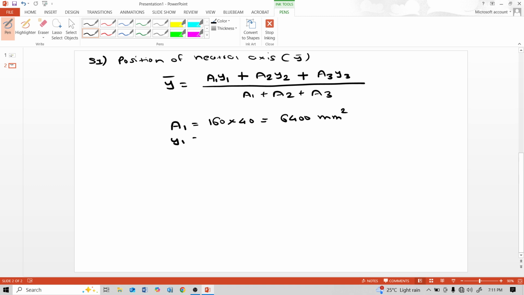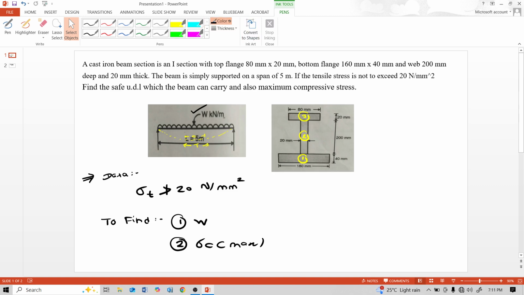Y1 is this distance, the mid of this bottom flange from the bottommost fiber. That means 40 divided by 2, 20 mm.